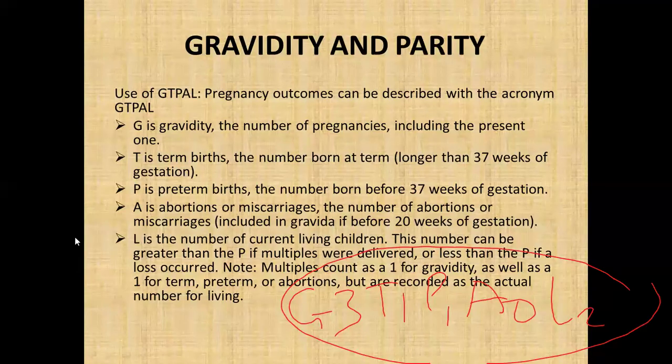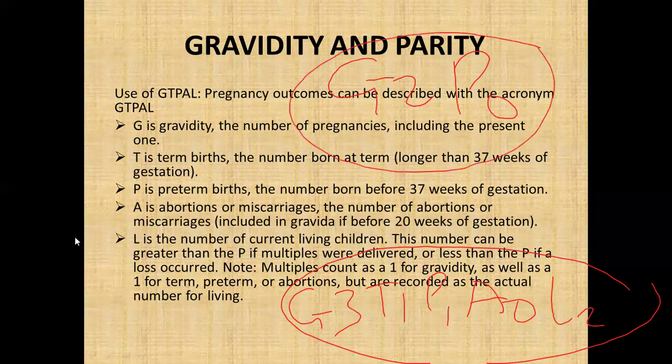And so that is why you can have someone, let's say you pick someone's book and there is something like G2, P0, and the person isn't pregnant. What it means is that the person has had two previous pregnancies, but none of the pregnancies has been carried beyond 20 weeks of gestation.